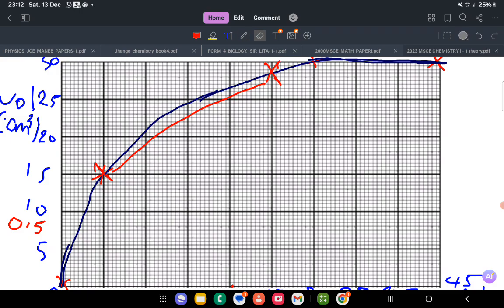So all you need to do is draw what is called a tangent. You simply draw a tangent which joins this part.